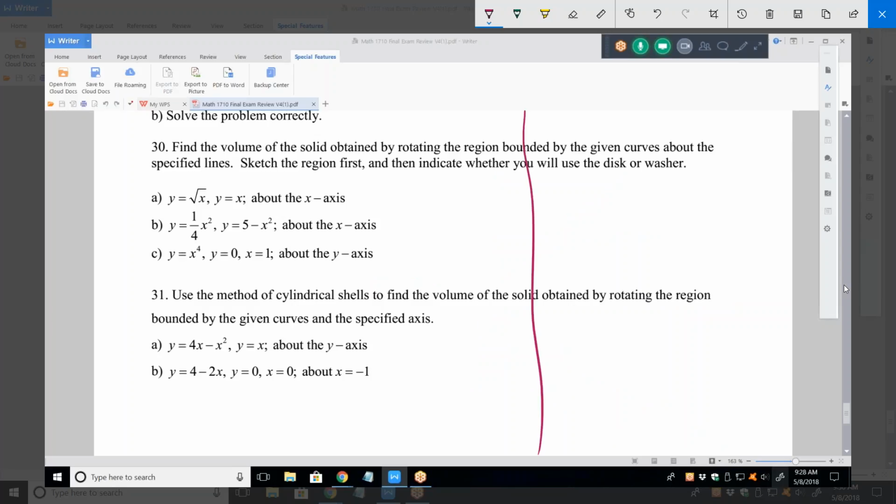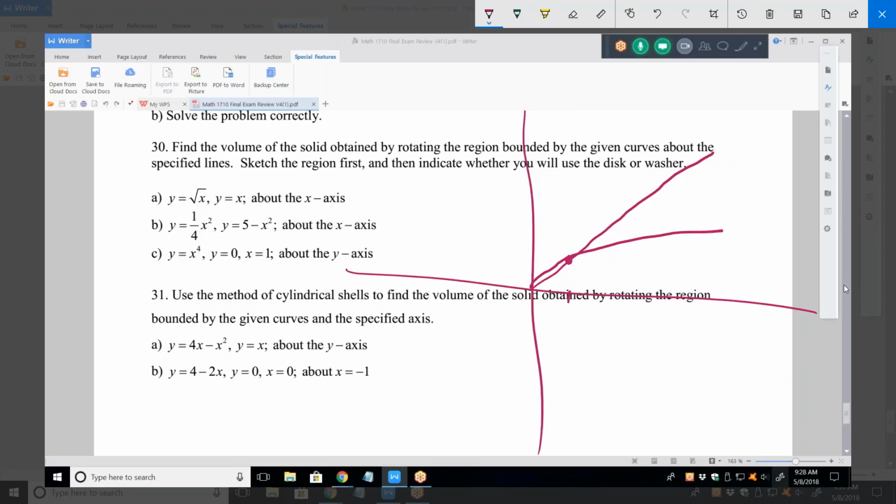And it matters. If your drawing isn't correct, you're not really looking at the right figure. Here's my y equals x. Where does that intersect with y equals square root of x? When x is 1. So those two curves intersect right there, and up until then, it's like that.